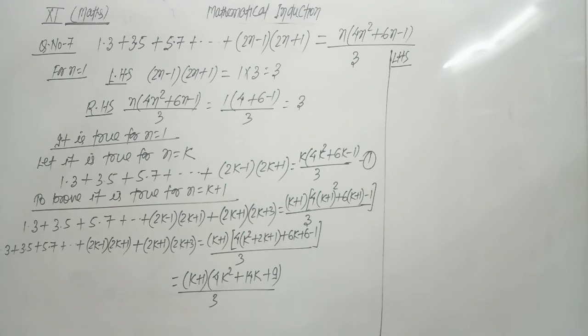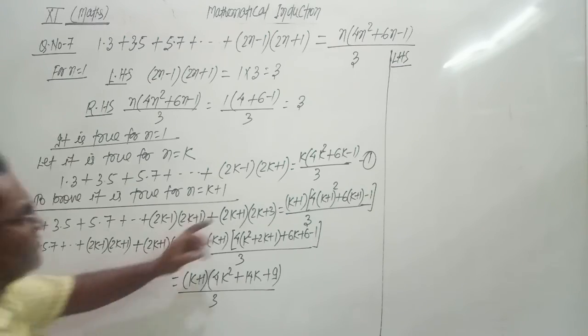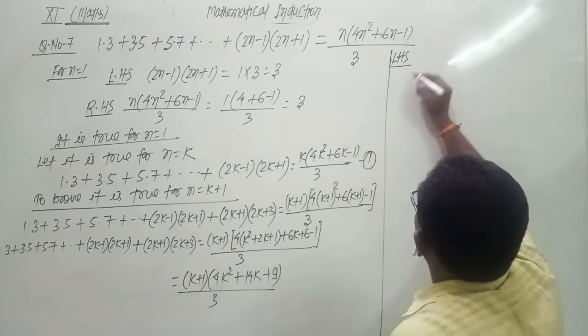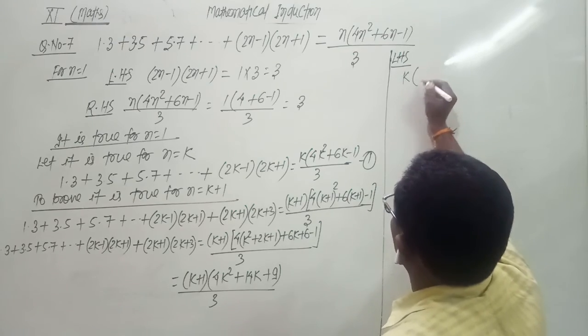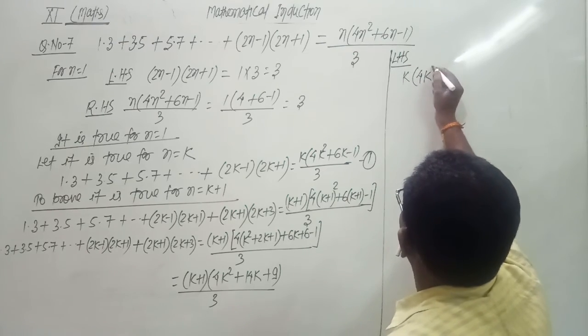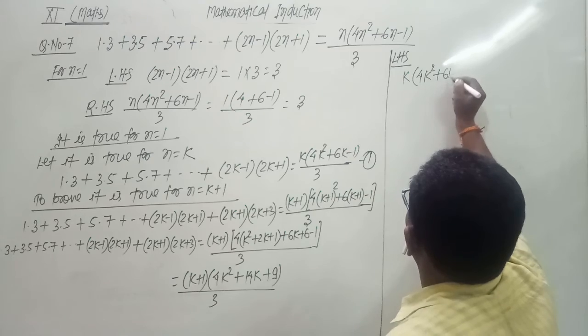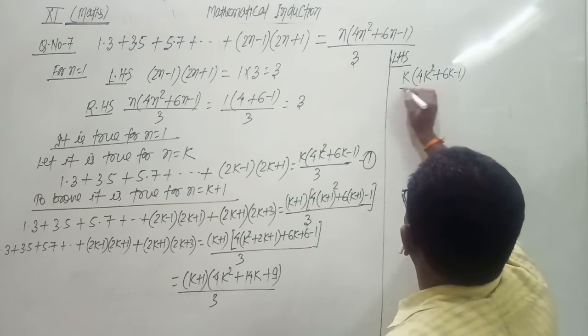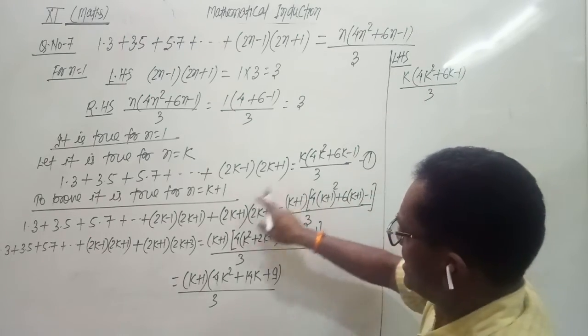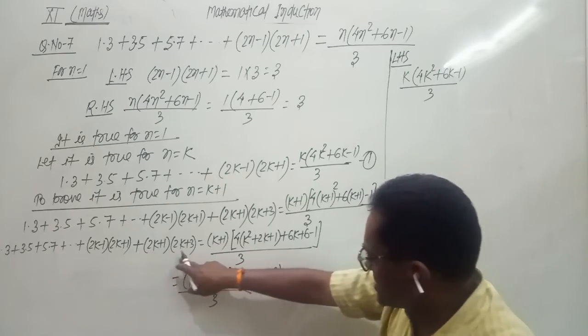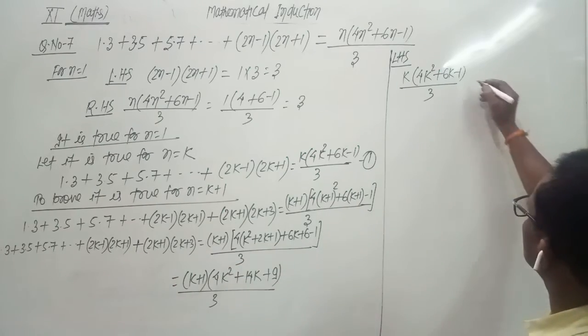So up to this term, we will write from first k into 4k square plus 6k minus 1 upon 3 up to this term, and this term would be written as it is.